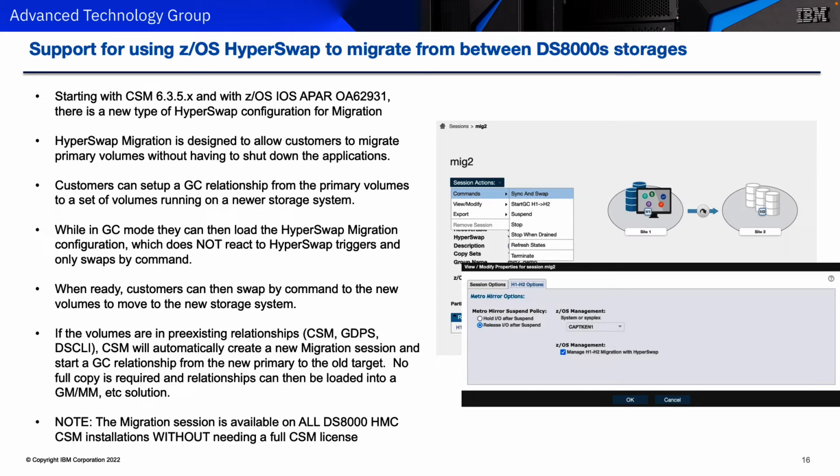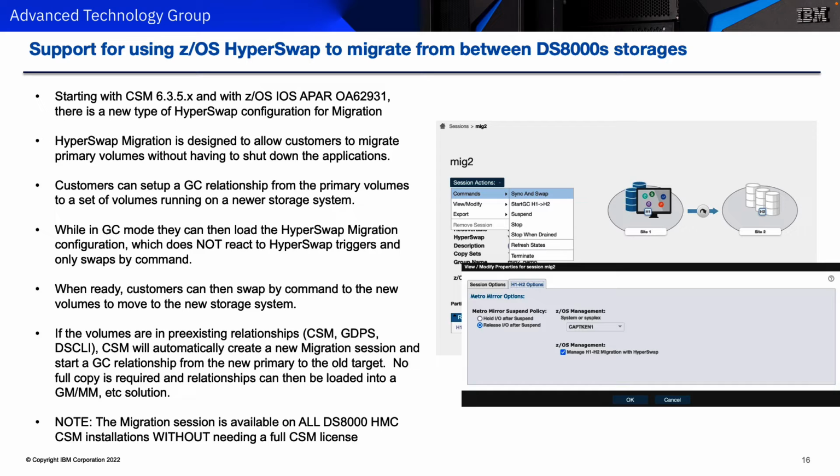So how does this work? As you know, with HyperSwap, we can swap the UCBs between two volumes so that the applications don't have to be shut down, and you should see little to no application impact. So you do a swap, and you swap right to the new storage system. Now, you could use HyperSwap today to do this, but a lot of customers don't.